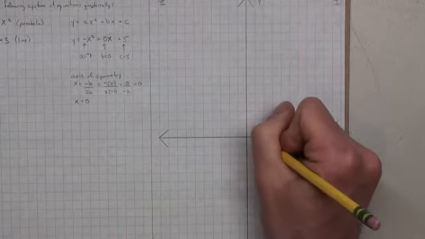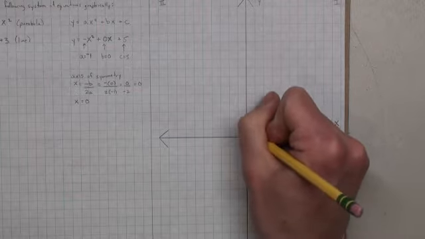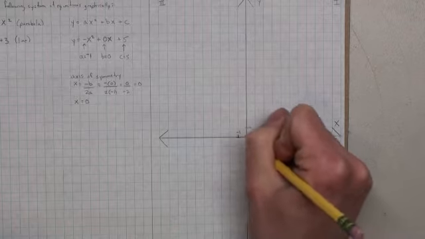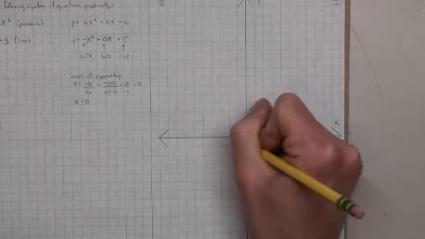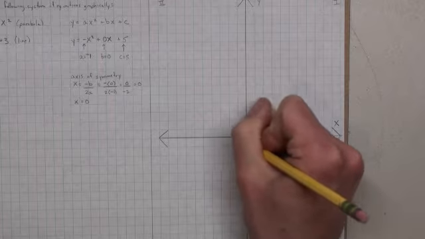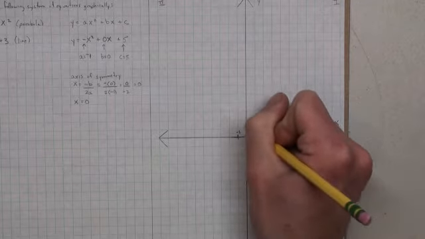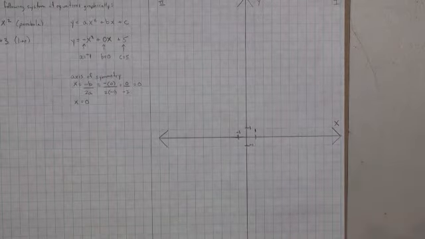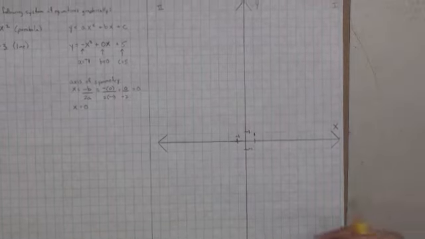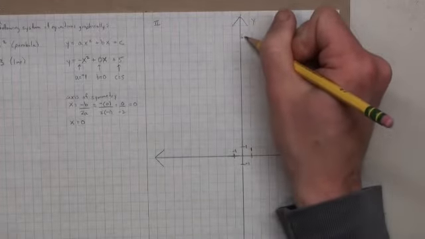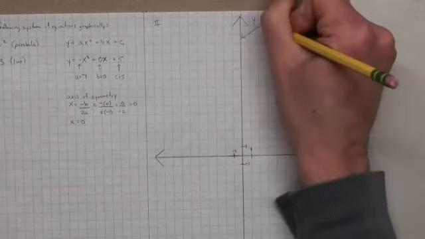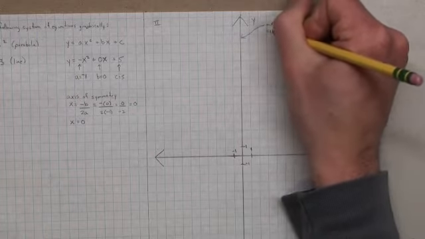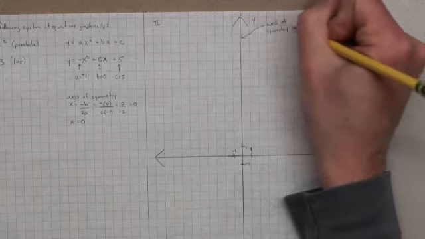So, don't forget about labeling our 1, negative 1, and negative 1, so that we're showing people who look at our paper that our graph goes by ones. Okay? So, I'm going to draw an arrow coming off of my y-axis, and I'm going to call it my axis of symmetry.